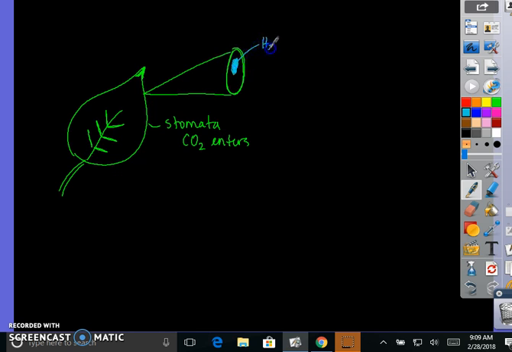The large central vacuole is for the storage of water. And then of course we have the chloroplast. And then we have a nucleus, I'll make that one orange. So we're just taking a snapshot of the plant cell.